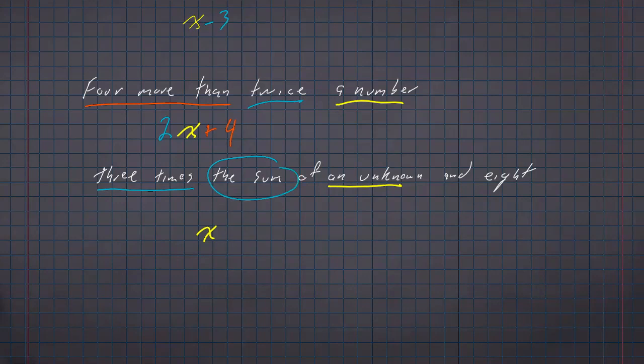But notice that it wants to be 3 times the sum. So it is important that I take 3 and multiply it times stuff being added together. Because multiplication usually happens before addition in the order of operations, I'm going to need to have that addition in parentheses.